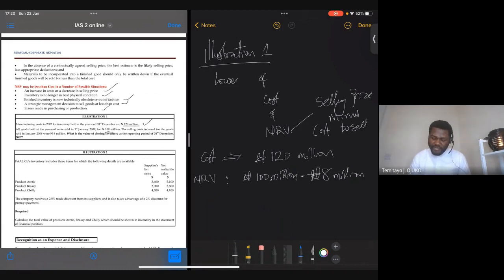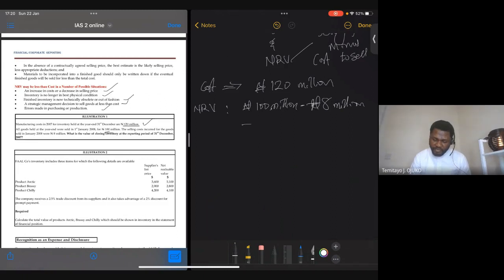Now, it means that the net realizable value in this case is 92 million naira. Now, looking at this, we can see that the cost of 120 million is greater than the net realizable value. And don't forget, inventory should be measured, should be valued at the lower of the two.